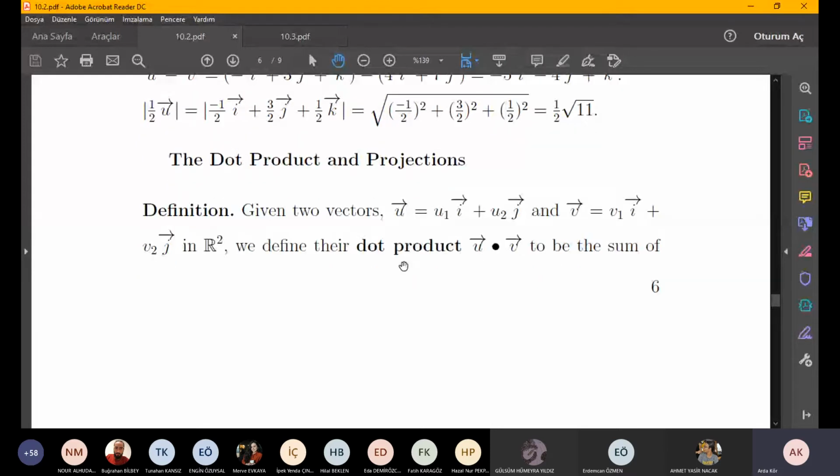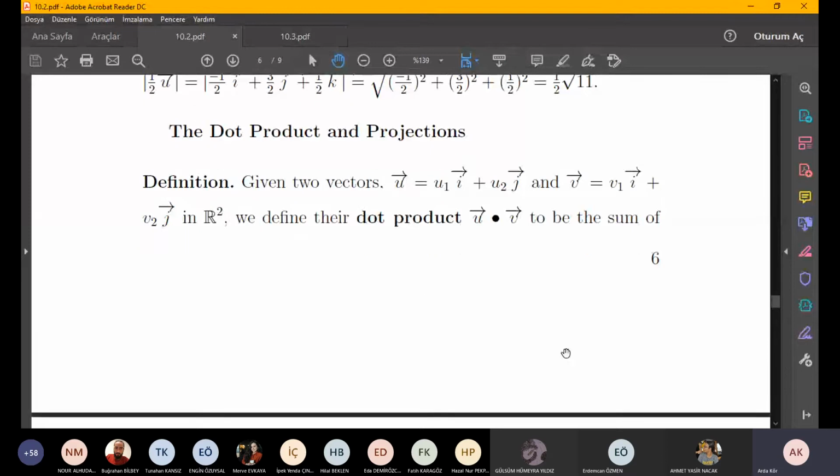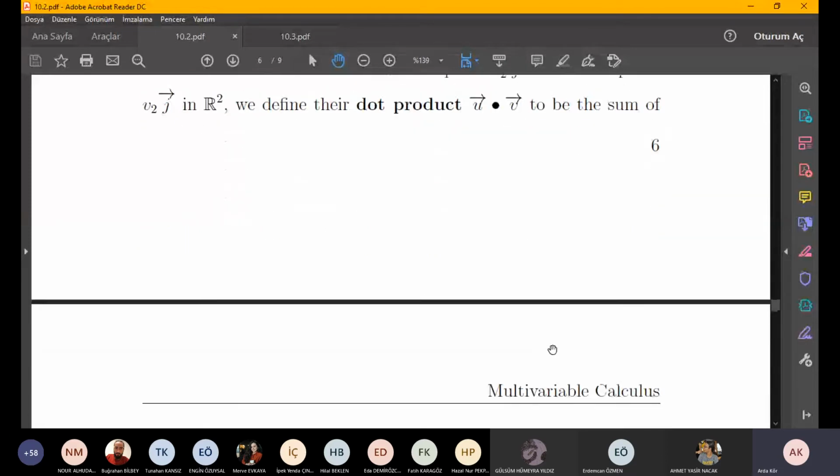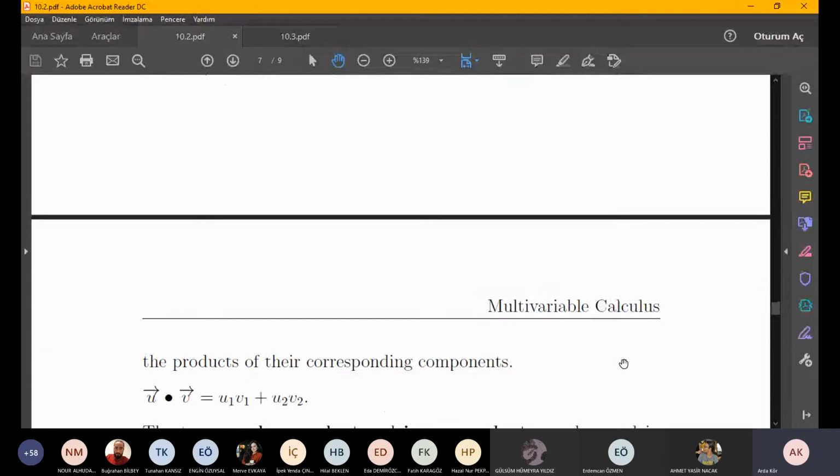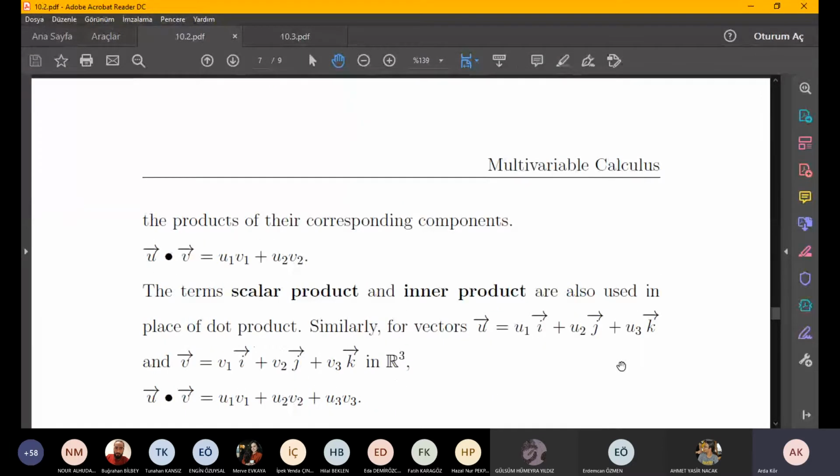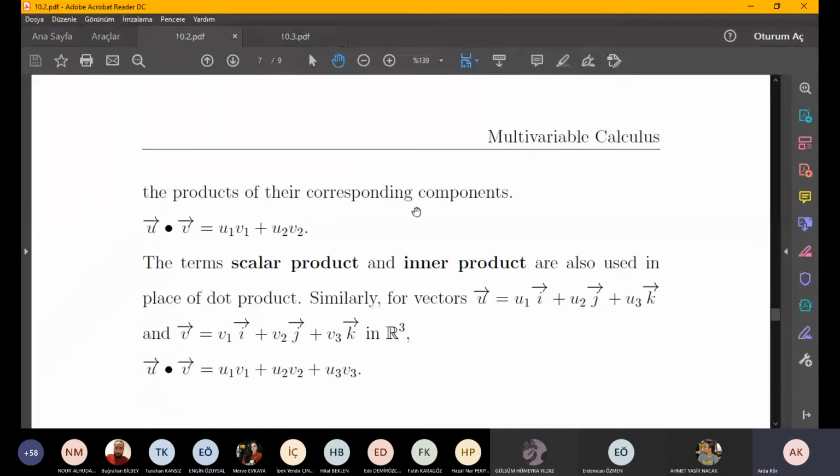That's why we also call it the scalar product, and it is the sum of the products of their corresponding components. So u dot v is equal to u1 times v1 plus u2 times v2.